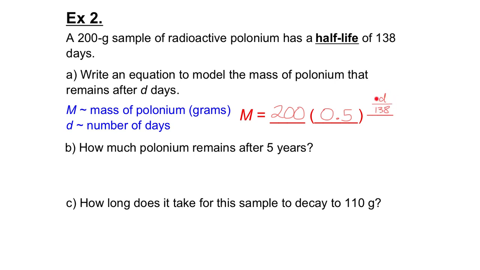That's 1 full half-life. That means you're going to have half as much. So you're going to have to make this little adjustment to your exponent when you're dealing with a half-life. The number of days divided by the half-life in days. Now this equation is set up to calculate for the mass.